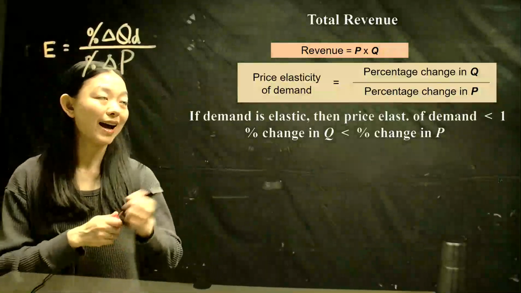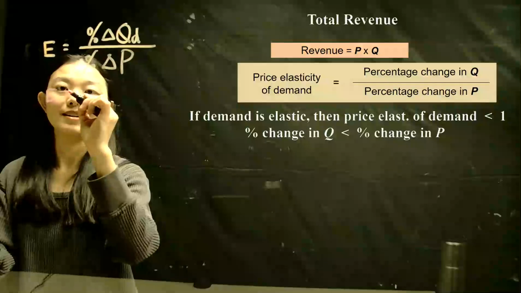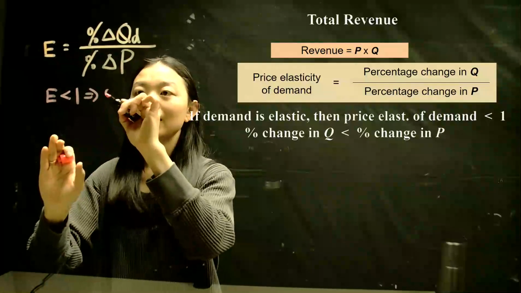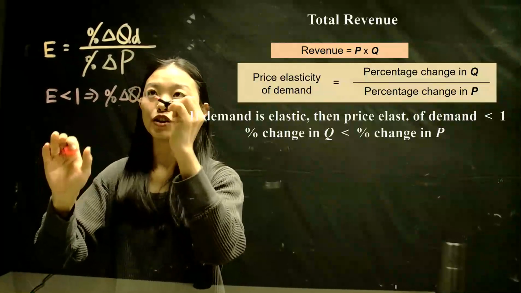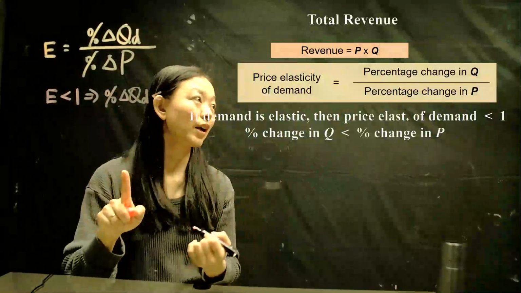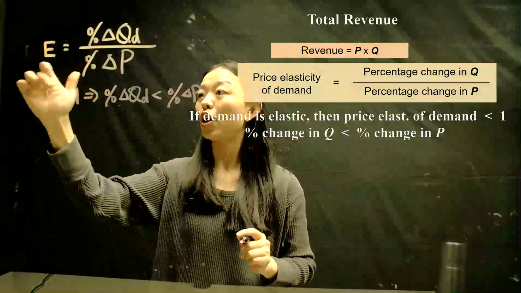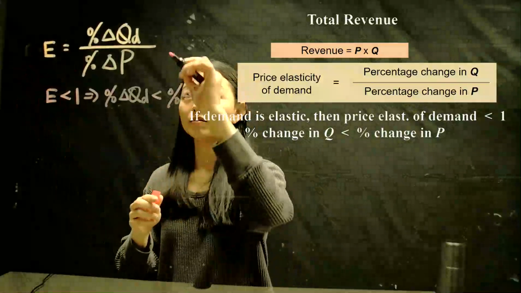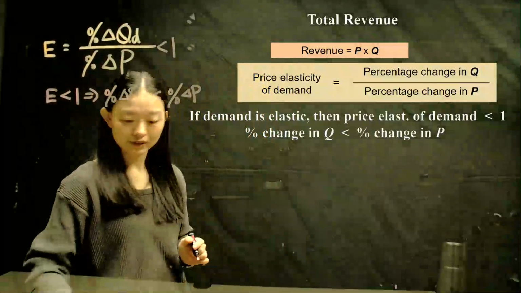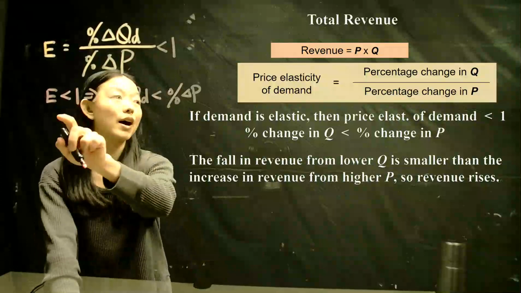So if we have products with price elasticity less than 1, which means the percentage change in quantity demanded in the numerator should be smaller than the percentage change in price, because the whole thing is less than 1, the numerator is less than the denominator.